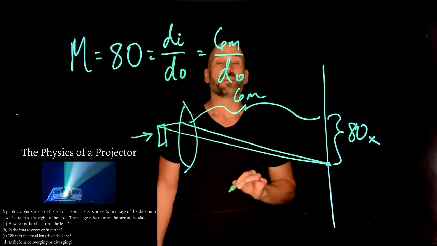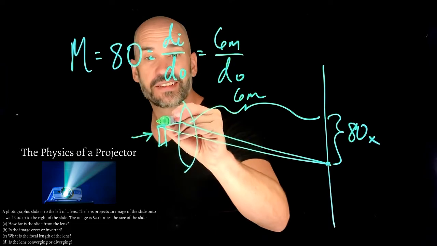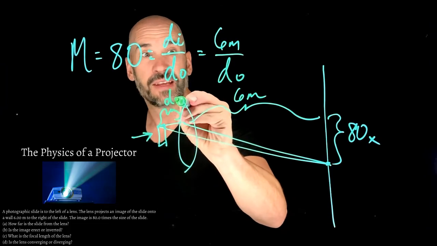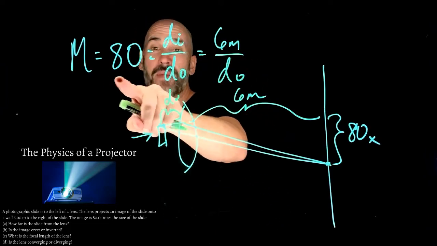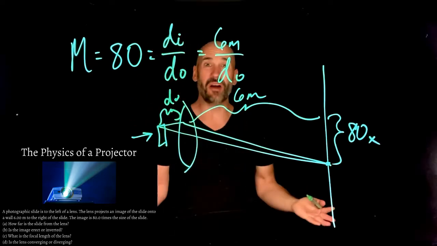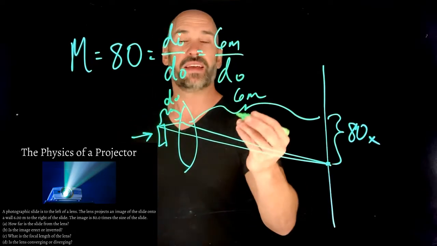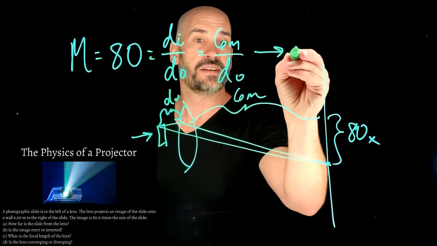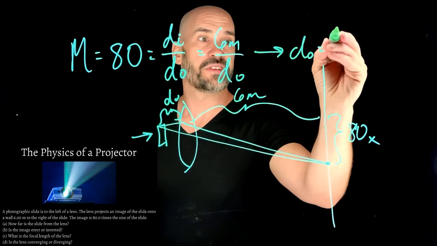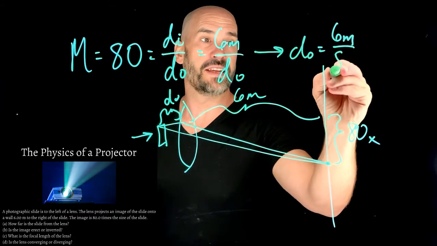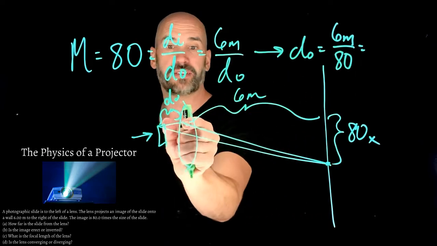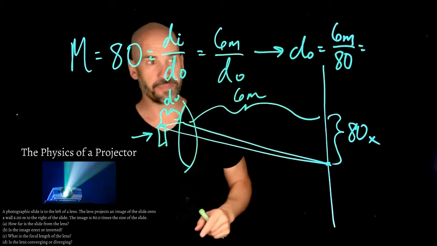So if I want to find this distance, my DO, I just use the magnification formula to solve for DO. So this is just going to be DO equals 6 meters over 80. We should expect it to be much smaller, and it's going to be.